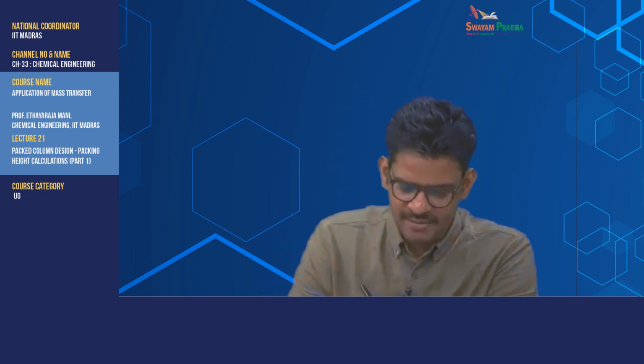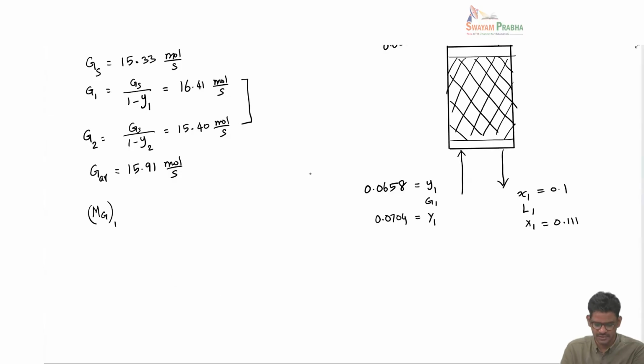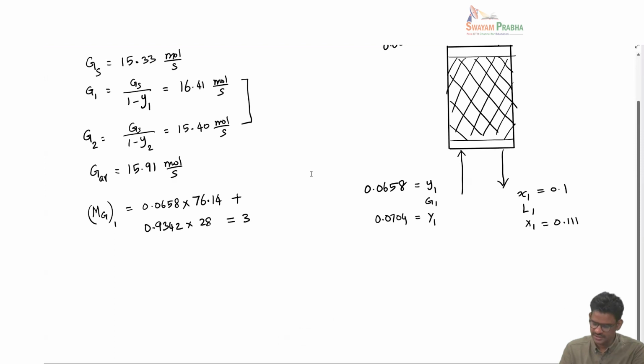I say Mg1 is 0.0658, which is the mole fraction of carbon disulfide, times the carbon disulfide molecular weight of 76.14, plus the remaining is nitrogen, and the nitrogen molecular weight is 28. You should get something like 31.16 grams per mole.